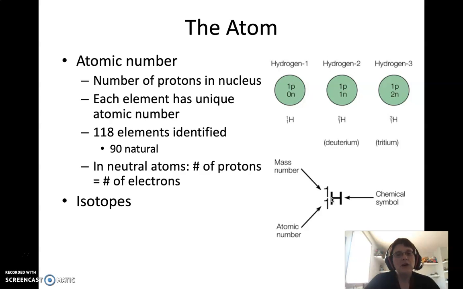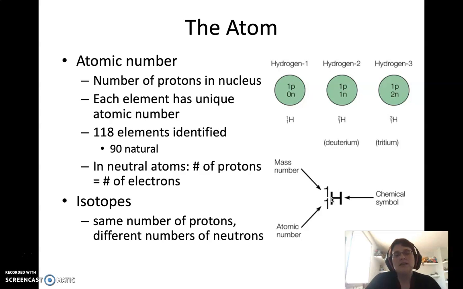Again, like I said, if we change the number of protons, it changes the element. But we can have what we call isotopes. Isotopes have the same number of protons, so it's the same element, but different numbers of neutrons. So we're working on the same element, but the mass is changing because we're adding neutrons onto that atom. Up here you can see 3 isotopes of hydrogen. We've got 1 proton in each of the nuclei.